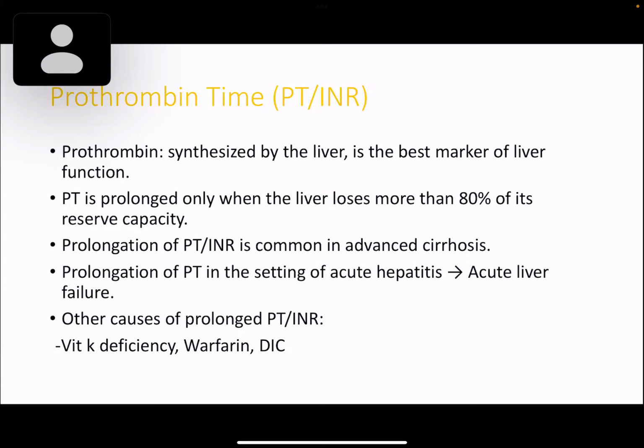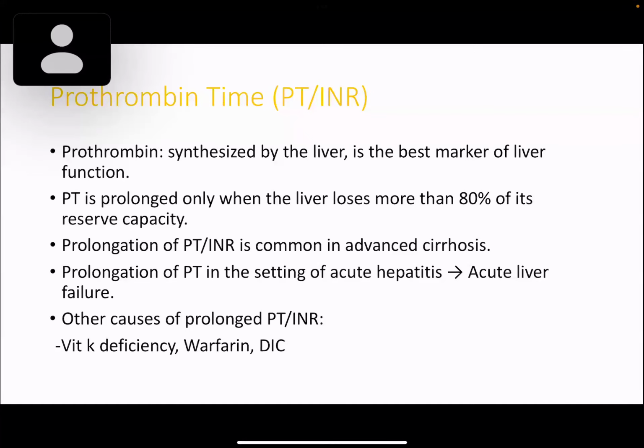Another important synthetic element of the liver function test is prothrombin time, or INR. Prothrombin time is usually prolonged in chronic liver disease, especially when the liver loses about 80% of its normal reserve capacity. Prothrombin time can also be prolonged in patients with acute liver failure.